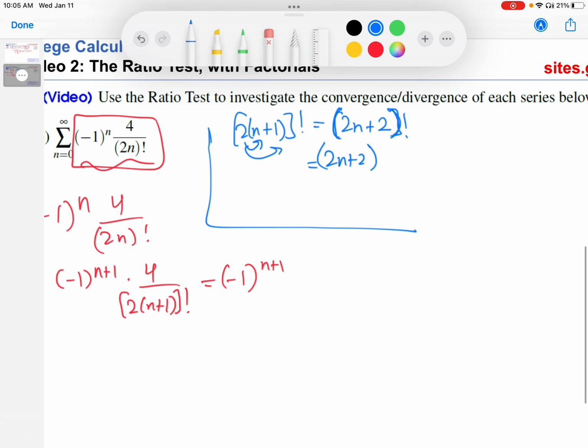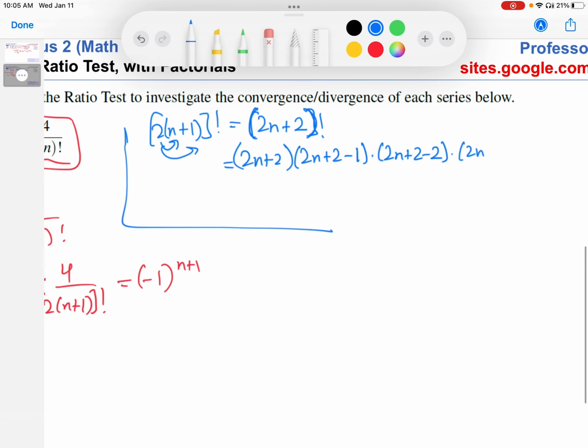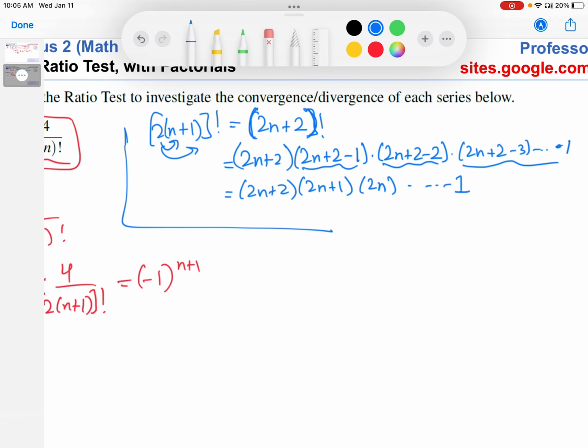It's the number times the number minus 1 times, you can keep going. The number minus 1 again, right, times the next one down, right, and so on down to 1. Okay, notice that here I have 2n plus 2. This one is 2n plus 1. This one is 2n. And then the rest of it keeps going down to 1. Okay.